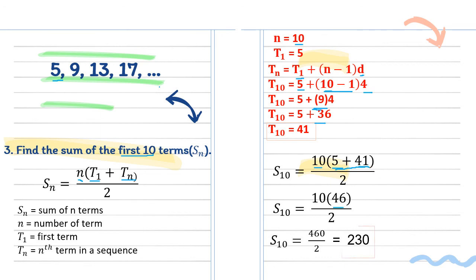Next, 10 multiplied by 46 is 460, all over 2. So 460 divided by 2 is 230. Therefore, the sum of the first 10 terms is equal to 230.